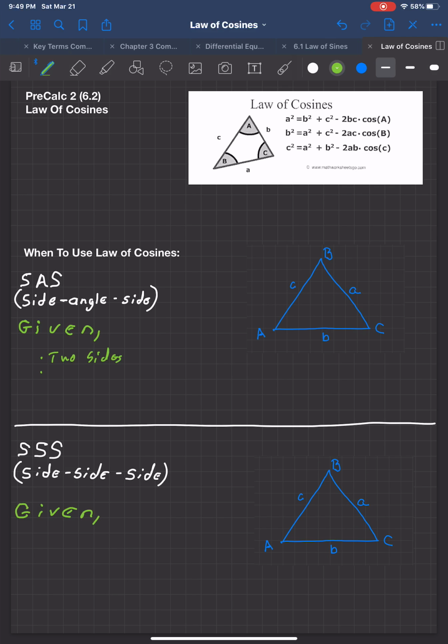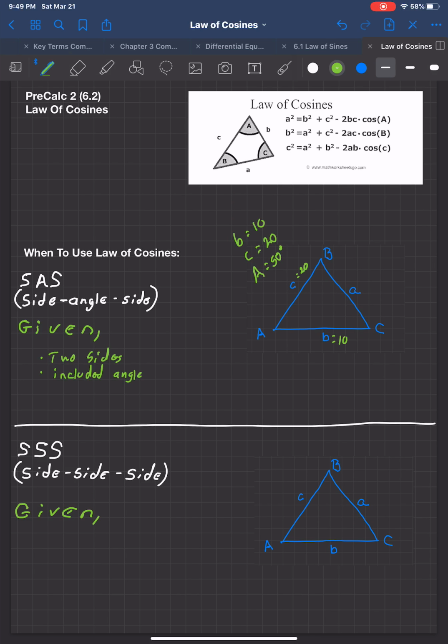So let's make up something. Let's just say that, I don't know, little b is 10, little c is 20, and angle A is 50 degrees. Right? So if I put everything in the right spot, little b is 10, little c is 20, and angle A is 50 degrees.